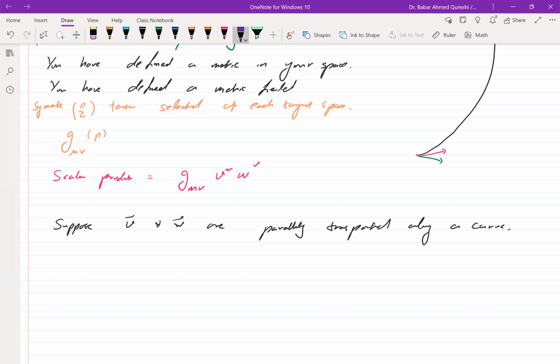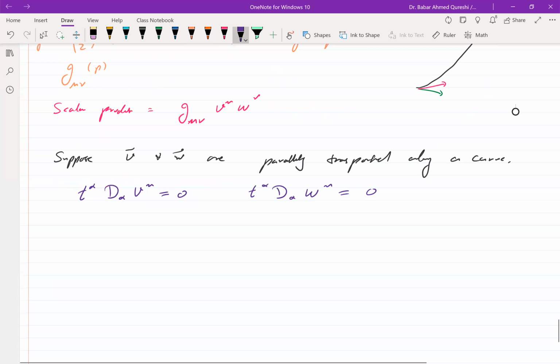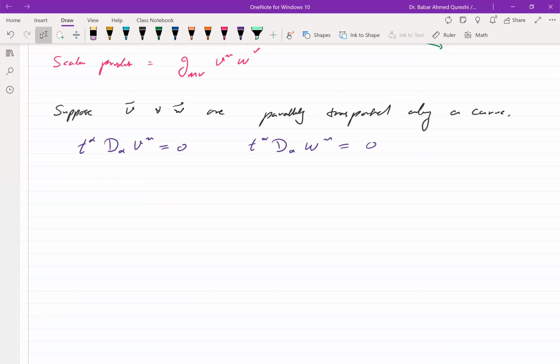So let me write it out. This means they are being parallelly transported. That means for this curve, this is true and this is true. If they are being parallelly transported, then the scalar product along this curve should be preserved. This should be 0.